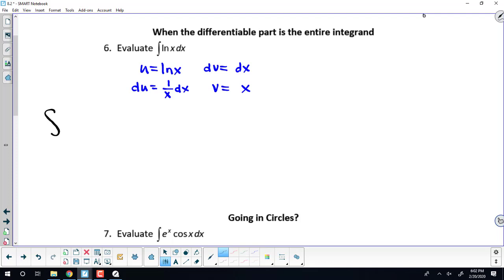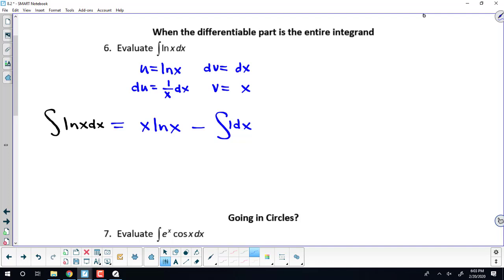The antiderivative of the natural log of x, dx, is equivalent to u times v minus the integral of v du, which is just going to be dx, or whatever, 1 dx, whatever you like.